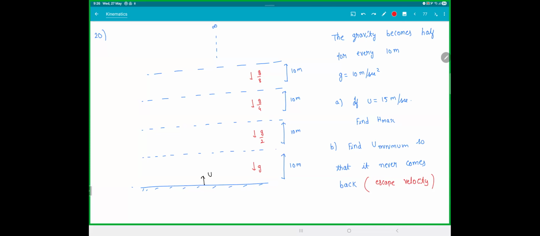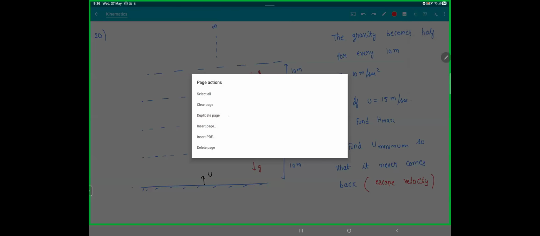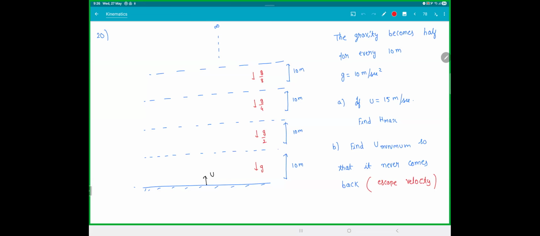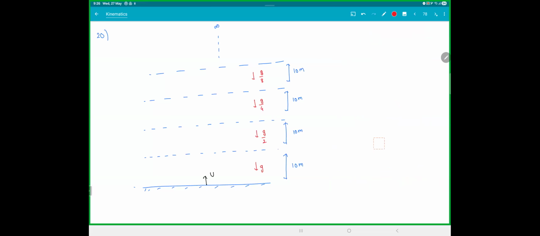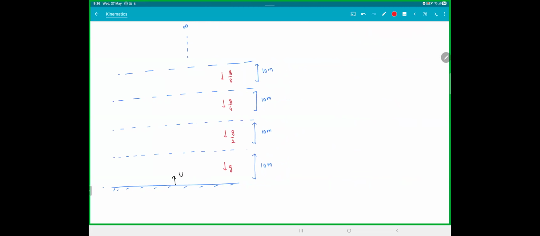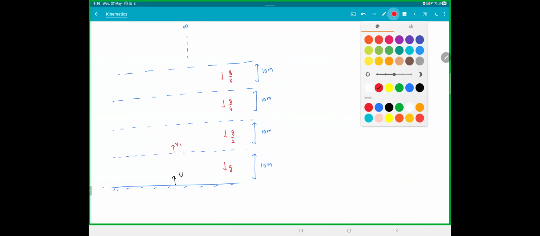Okay, let's see the first part. As this is going, let the speed be v1 here. So I can apply the formula here for the first section.